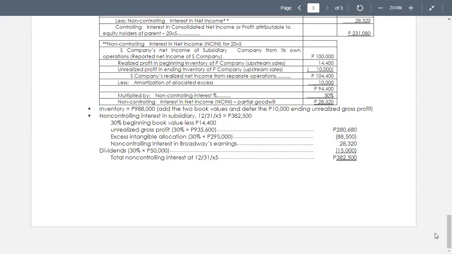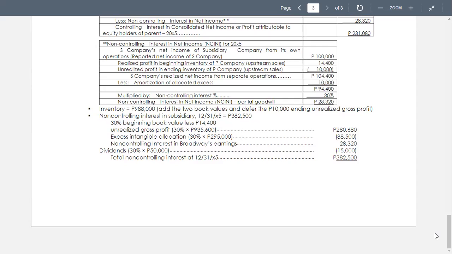So how much is the non-controlling interest to be deducted from net income?